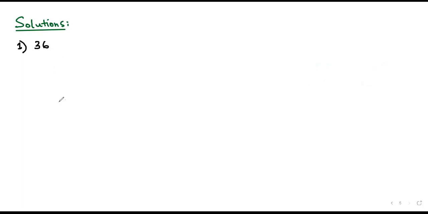And we know that a number will have a positive square root and a negative square root. So we say that the positive square root of 36 will be this one.